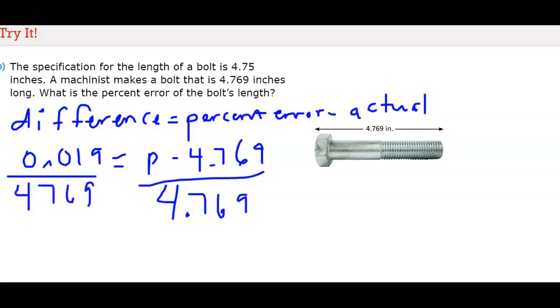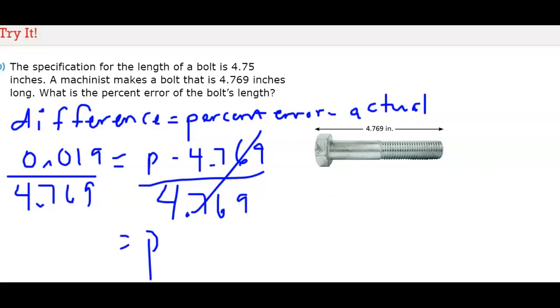That cancels out. We're left with P, and then we take the 0.019 and divide that by 4 and 7/69 using a calculator.